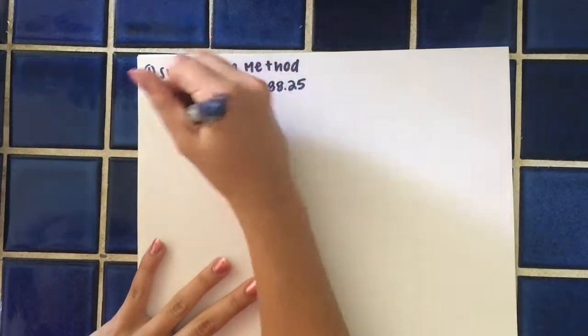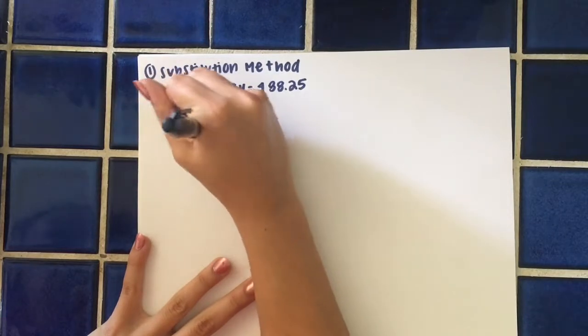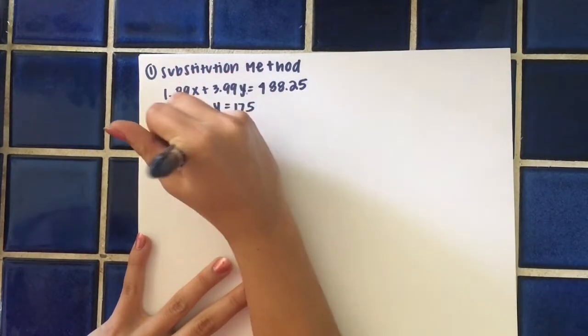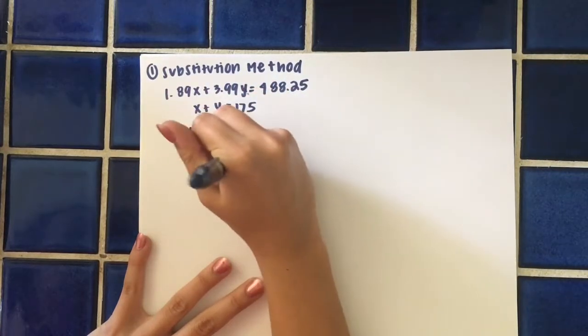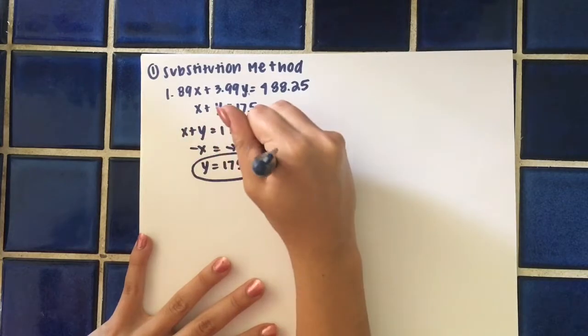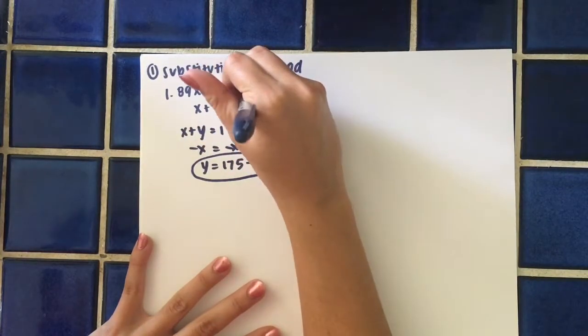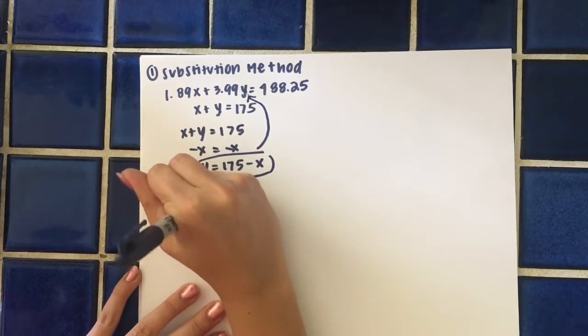So let's rewrite this. So x plus y equals 175. Let's subtract x from both sides. And you have y equals 175 minus x. So now we're gonna substitute this in for y, because of the substitution method, and see what it does.